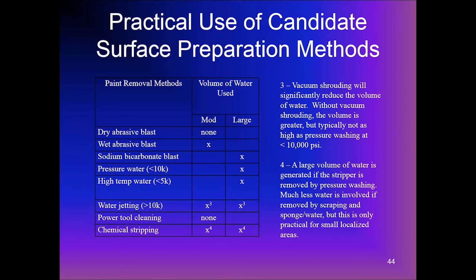Water jetting can be low amounts, although it could be large amounts, depending on the dwell time required, but it does have less water than some of the other water methods when used properly. Power tool doesn't use water. And chemical stripping, depending on the method of removal, will dictate how much water is used. If you use a bucket and sponge, basically there's very little. But if you're doing a lot of pressure washing and multiple applications, you can end up using a large volume of water.